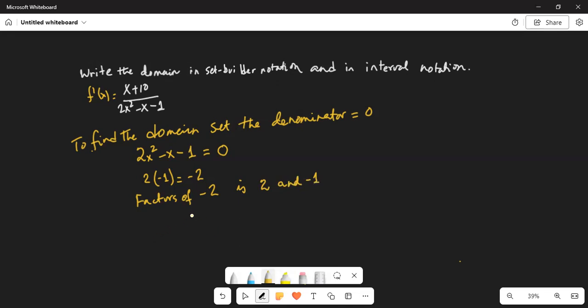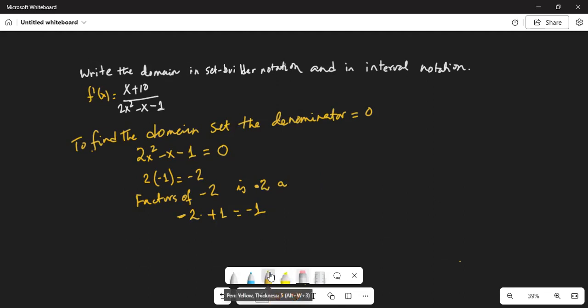But if we write minus 2 and plus 1, that is also equal to minus 2 when multiplied, and minus 2 plus 1 is minus 1. So this should be minus 2 and this should be 1.